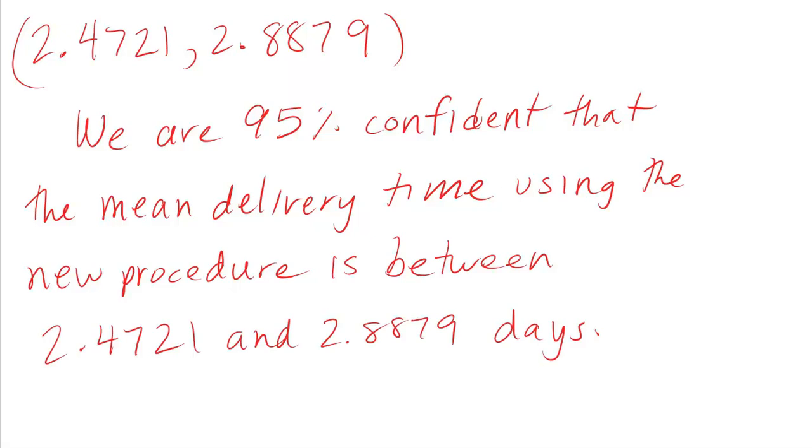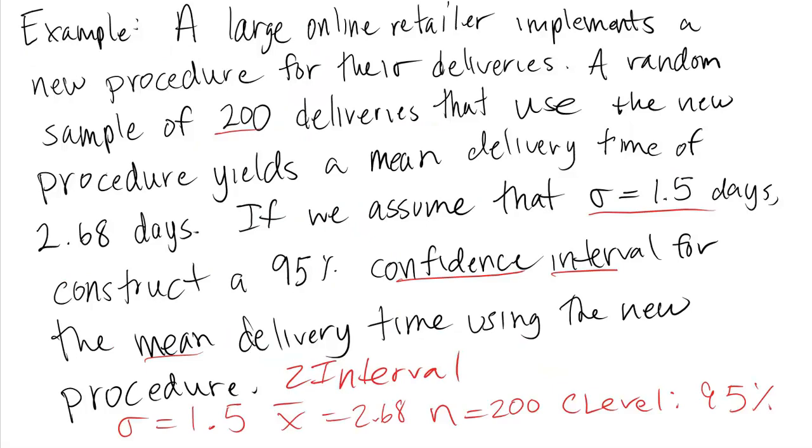But I just want to take a moment to talk about the kinds of things that we could answer with a confidence interval like this. All right, this online retailer has implemented a new procedure, presumably because they want to make the delivery time faster. Maybe they want to make it cheaper, but let's suppose that they were trying to do this to make it faster for them. And suppose that in the past, their mean delivery time was 3 days.